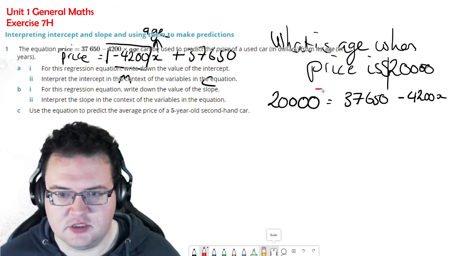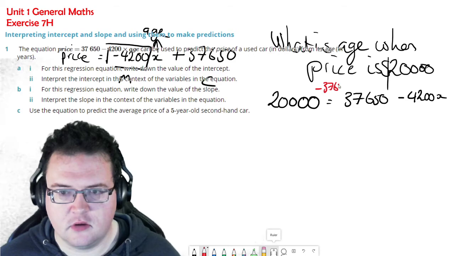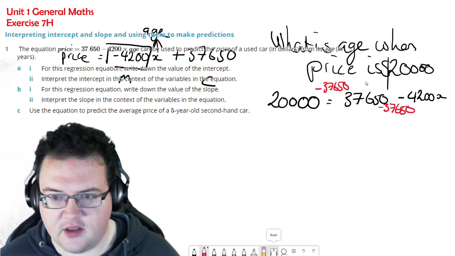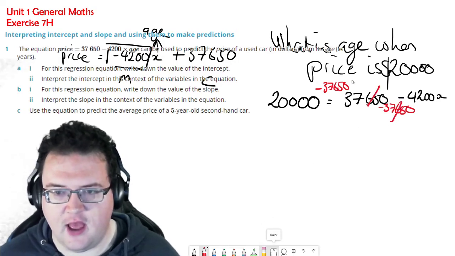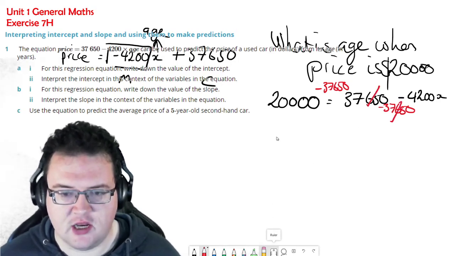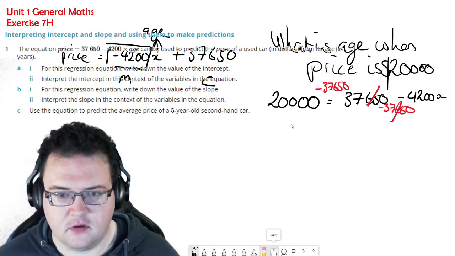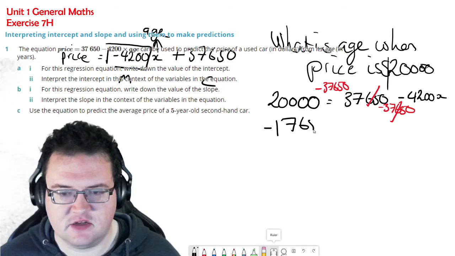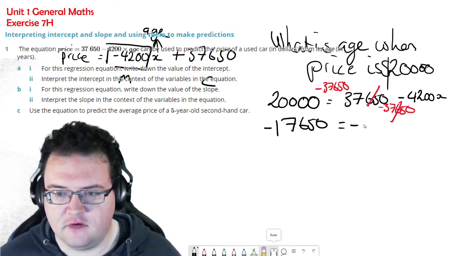So we are going to subtract that from both sides. That will cancel it out there. And now this is on the right hand side. So we end up with negative 17,650 equaling negative 4200x.